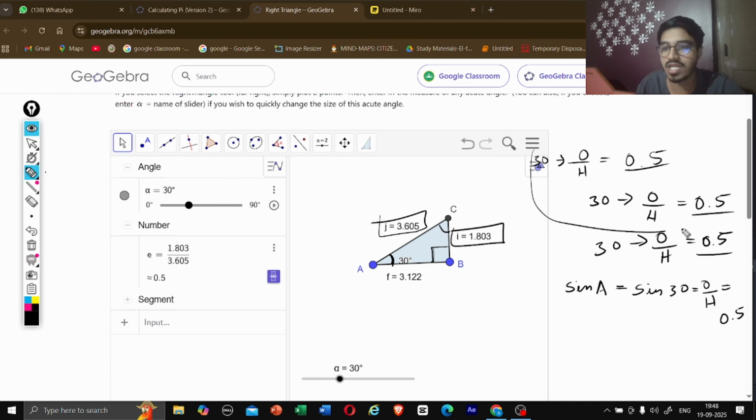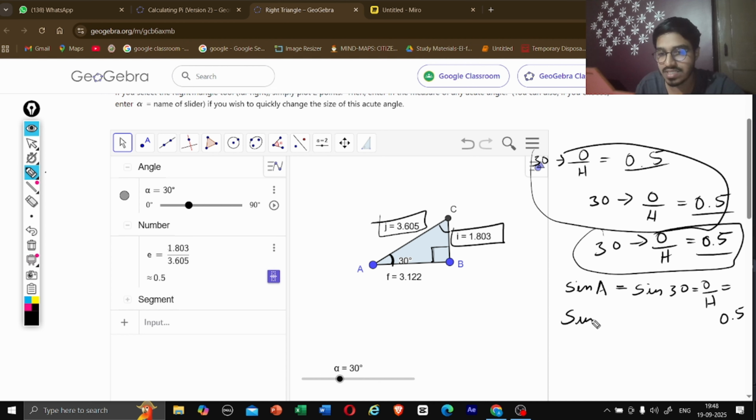See, in all three cases, we got the value 0.5. So sine 30, that is opposite by hypotenuse, is always 0.5.